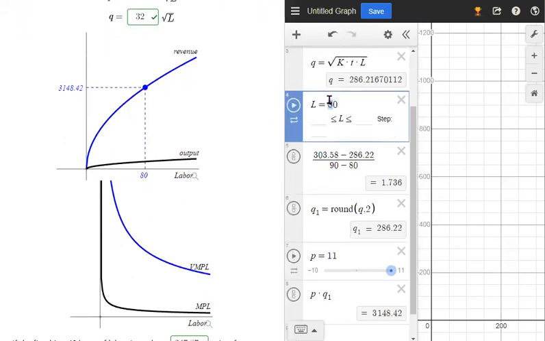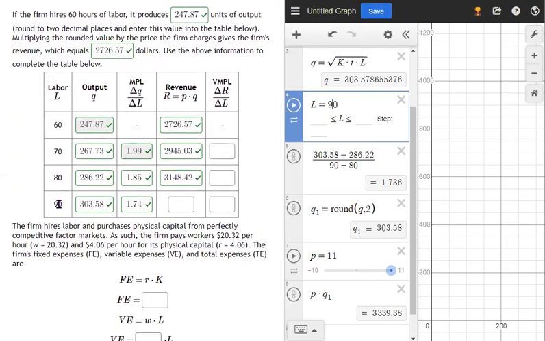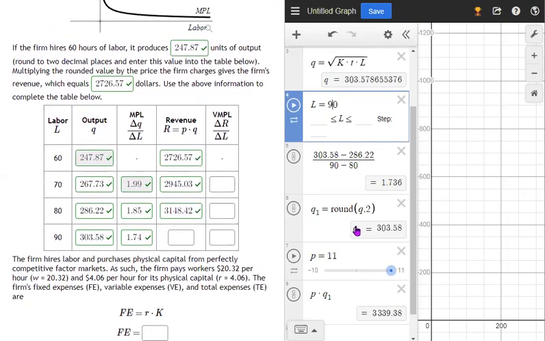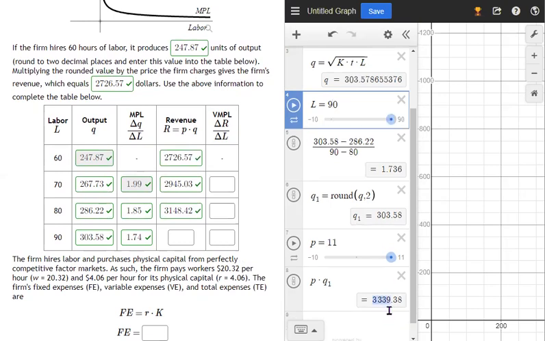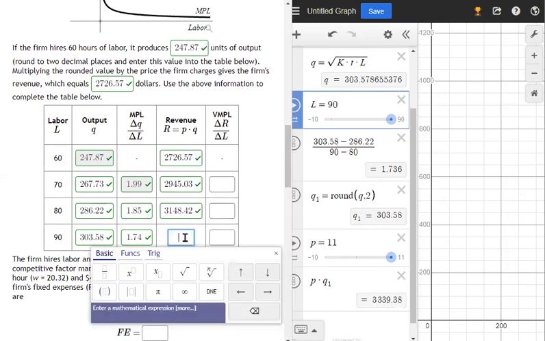All right, the last one is where labor demand is 90, right? In my model, labor demand is 90. What is revenue? Well, first, output to 2 decimal places is 303.58, right? And multiplying this by 11, my revenue is $3,339.38. Okay.